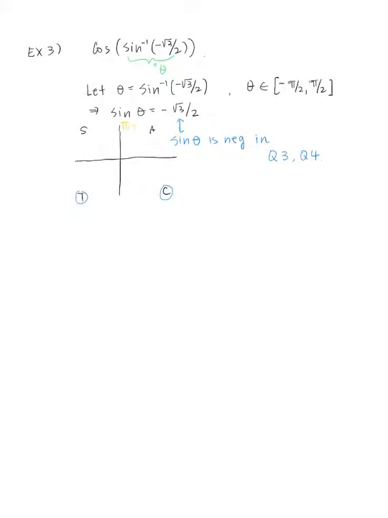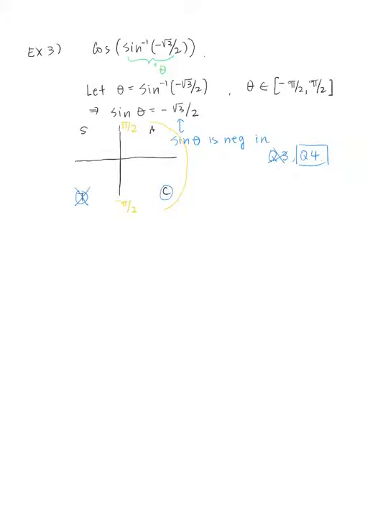So here's our pi over 2, negative pi over 2. So it has to lie in here. With that said, which one can we eliminate? The third quadrant. So our angle theta is going to lie in quadrant number 4.